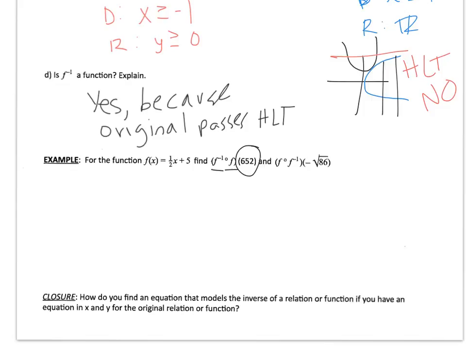So inverses undo the original problem. Just like multiplying and dividing are inverses, if you multiply by 5 and divide by 5, you're back to the original number. So 652 goes through the function, and then through the inverse of that function. It's just going to end up being 652. So this answer is 652, and this answer is negative square root of 86.